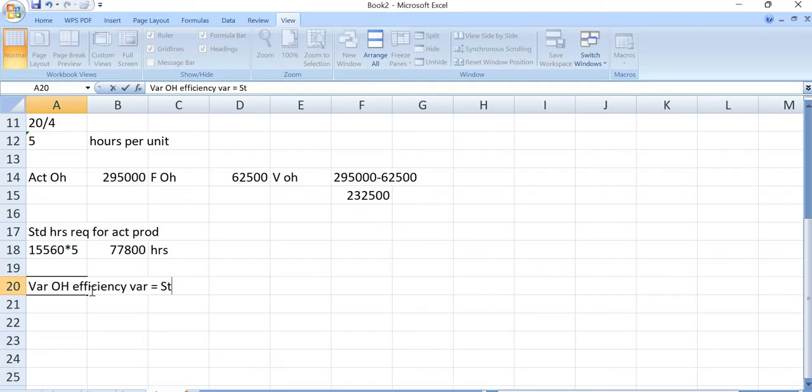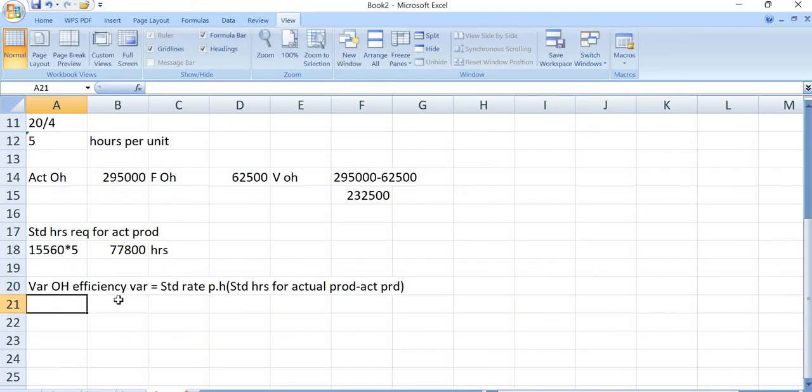So standard rate, if I am multiplying by hours, the rate should be per hour only here. So standard rate per hour into standard hours for actual production minus actual hours. Remember this, required for actual production minus actual hours. Then only we can compare this.